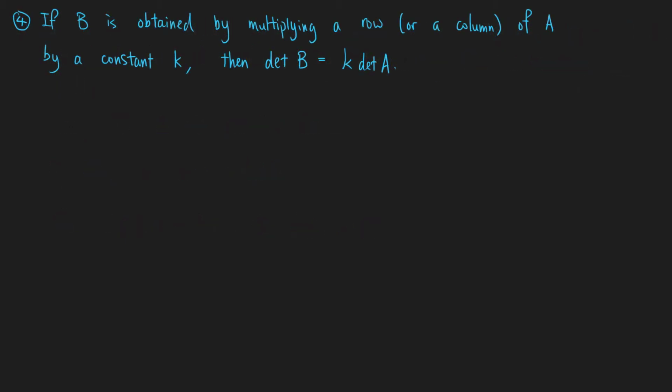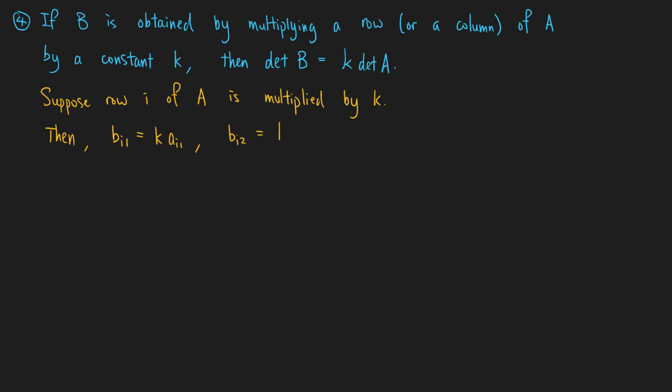Now the fourth property. If B is obtained by multiplying a row or a column of A by a constant k, then the determinant of B equals k times the determinant of A. To show this, suppose row i of A is multiplied by k. Then Bi1 equals k times Ai1, Bi2 equals k times Ai2, and Bi3 equals k times Ai3.